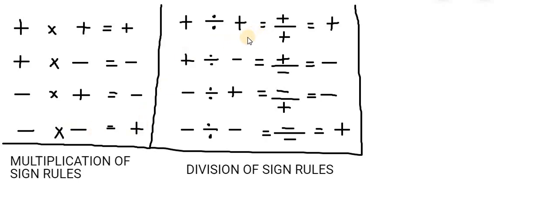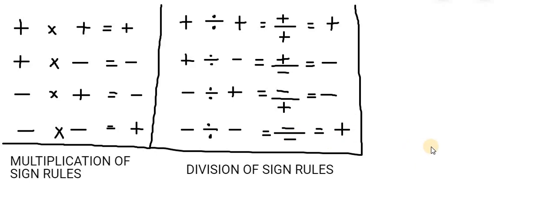Now for the division, plus divided by plus, which you can also say is plus over plus, gives you a plus as the answer. Plus divided by minus, which you can also say is plus over minus, gives you a minus. Minus divided by plus, which is a minus over plus, gives you a minus. And minus divided by minus, which is minus over minus, gives you a plus at the end.